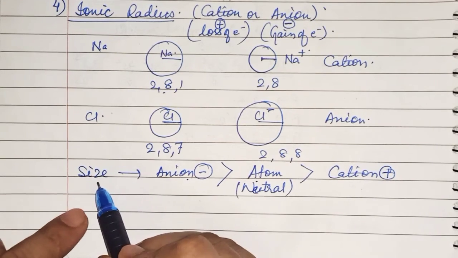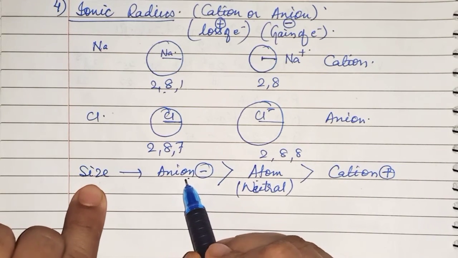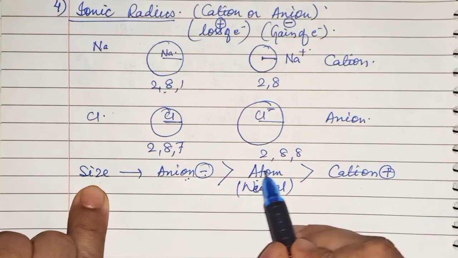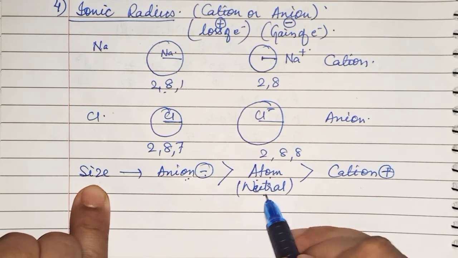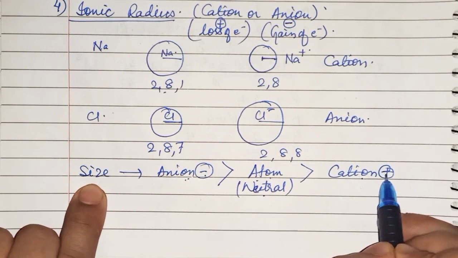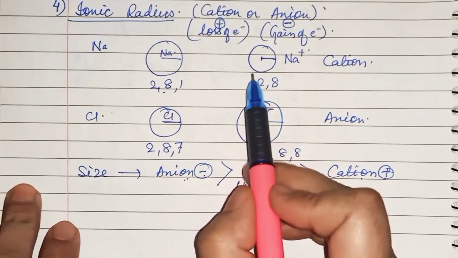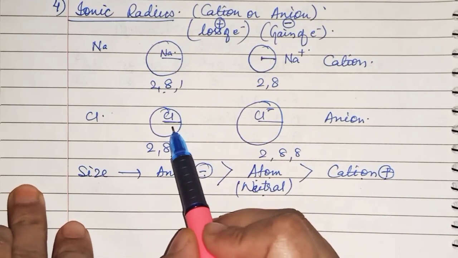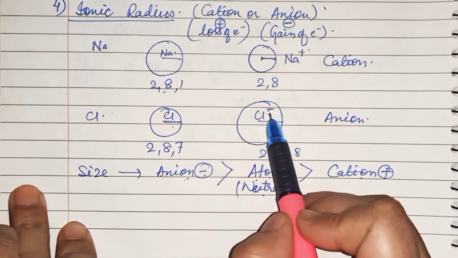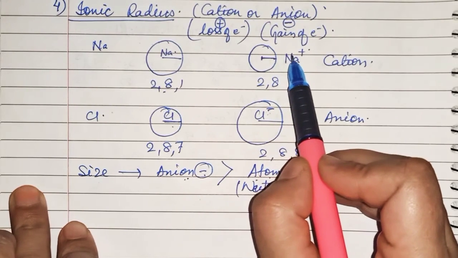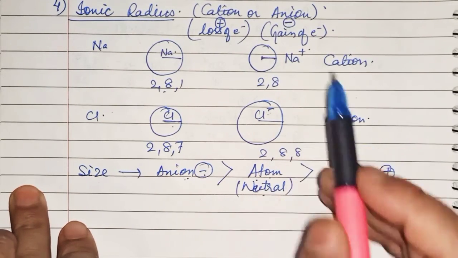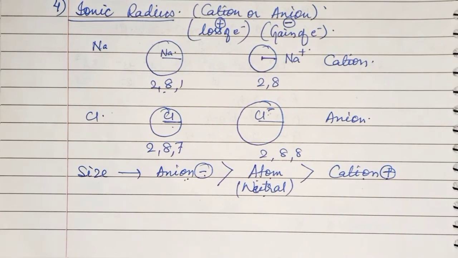Sorry children, the size will go like this: anion, that is the minus ion, then atom, that is neutral, and then cation, that is the positively charged ion. Okay, you can see that the neutral atom is smaller than the anion, and the cation is very small compared to the anion.